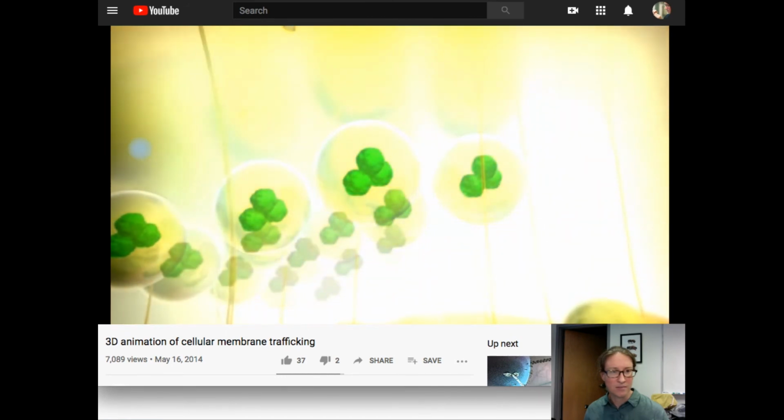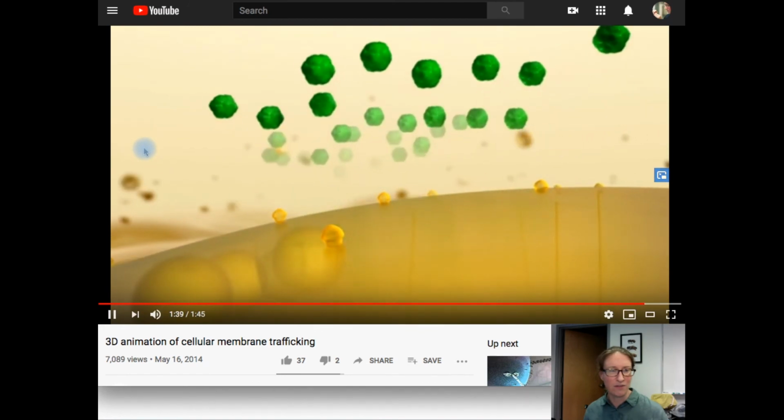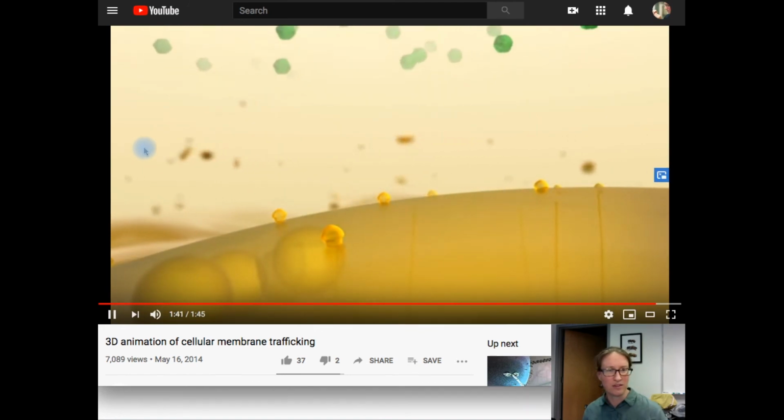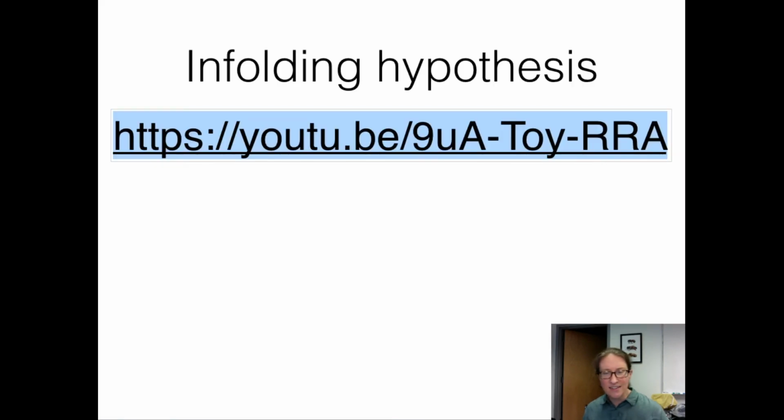Now some kind of signal happens, and all of those bubbles fuse and release their contents outside of the cell. The idea here is that through this process of bits of cell membrane getting pinched off of the outer cell membrane, it's possible that pieces of those cell membrane pinched off, traveled inside of a cell and then stayed there. So that's the idea, that's how organelles are formed.